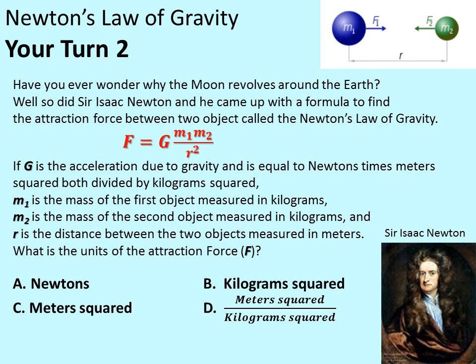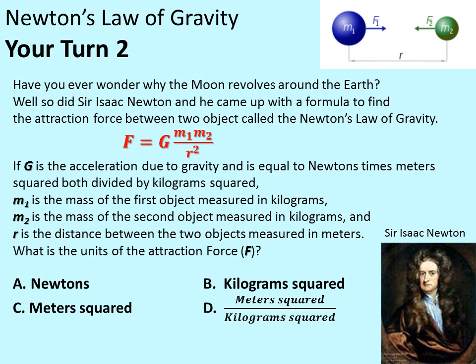It is F, the force of attraction between the two objects, equals G, capital G by the way. In the top of the fraction, in the numerator, it's M1 M2. You might want to look at the diagram up at the top of the page. Notice the blue ball is M1 and the green ball is M2. And then we have R squared. Notice that's the distance between the two spheres.